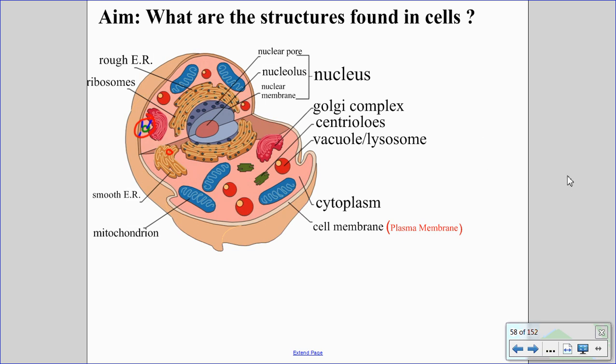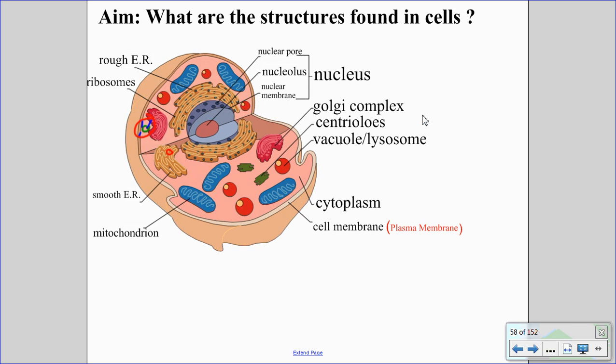And here's a diagram with all those specialized structures labeled inside this animal cell. I like to think of these structures, like the Golgi body and the rough ER, which are called organelles, sort of like an automobile manufacturing plant, because these organelles all have specialized jobs.